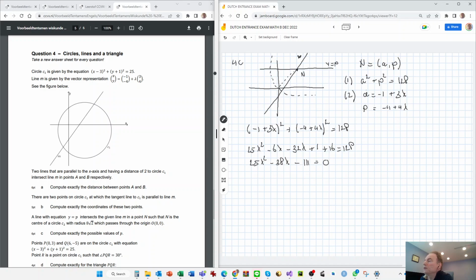Is that all correct? 17. 25 lambda squared.